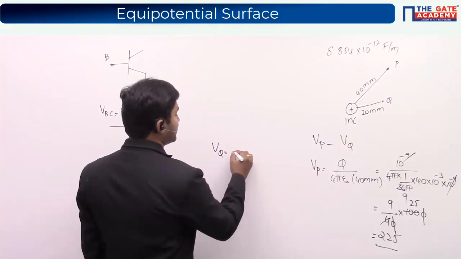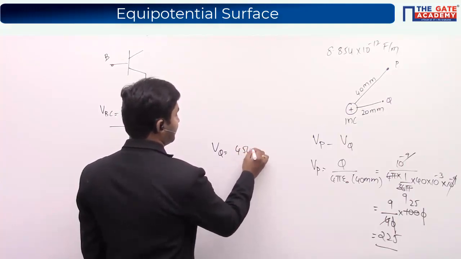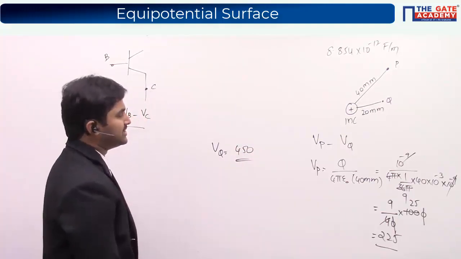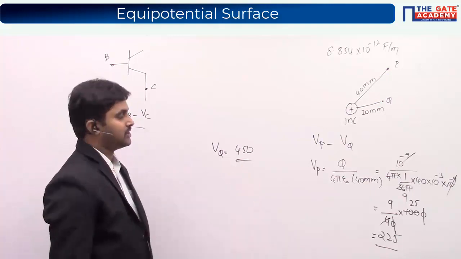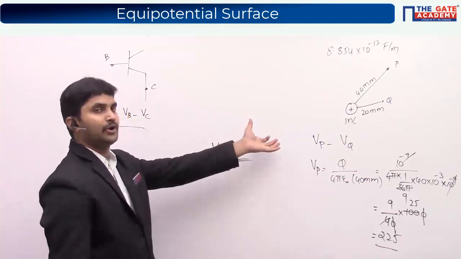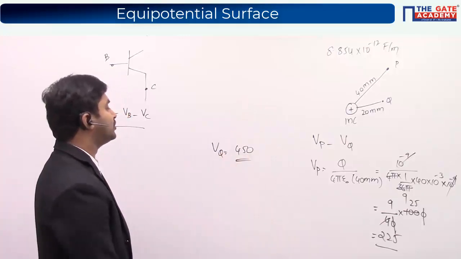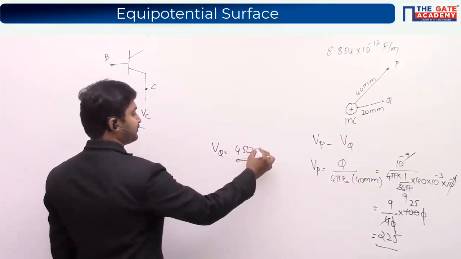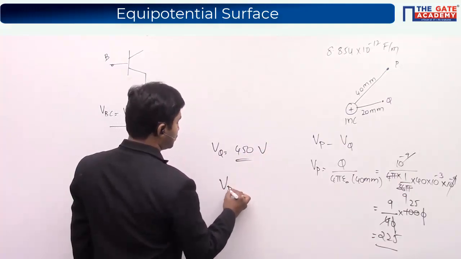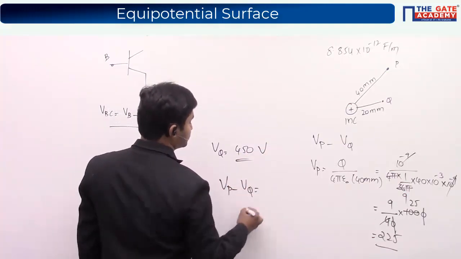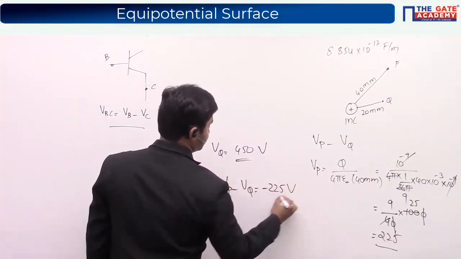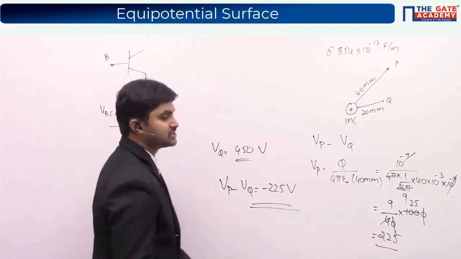So naturally this should be 450, because the distance becomes half and the potential is doubled. That is why VQ is equal to 450 volts. So VP minus VQ will be equal to minus 225 volts.